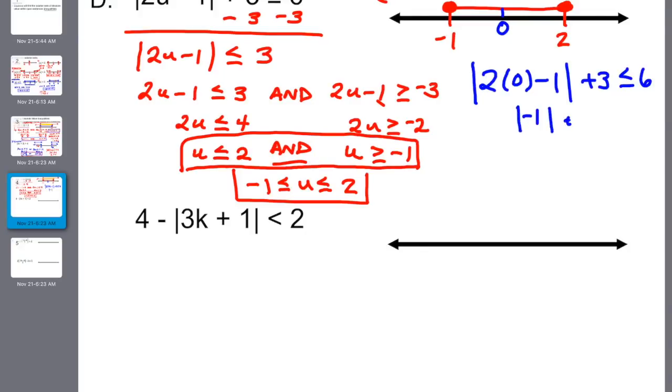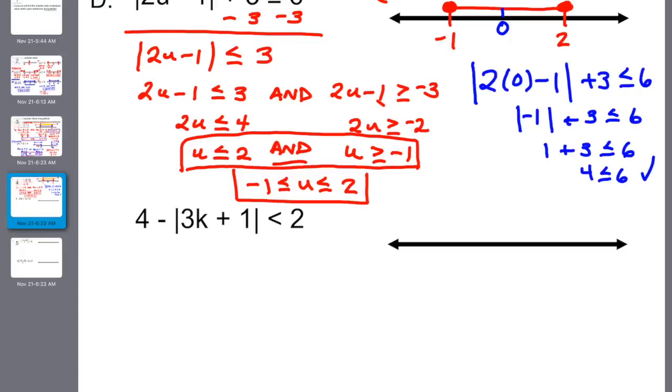Minus 1 would be negative 1. Absolute value of negative 1 is 1. Plus 3 is less than or equal to 6. We get 4 is less than or equal to 6, which is true. We know that we're correct. Yay! All right, let's move on.